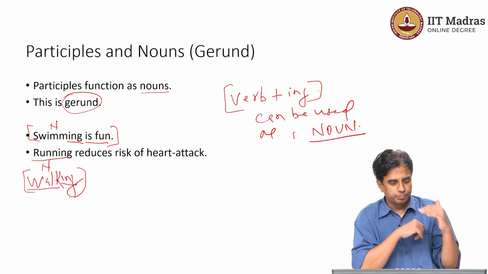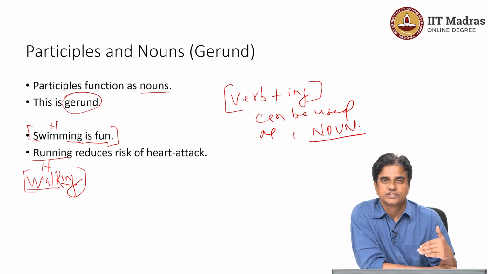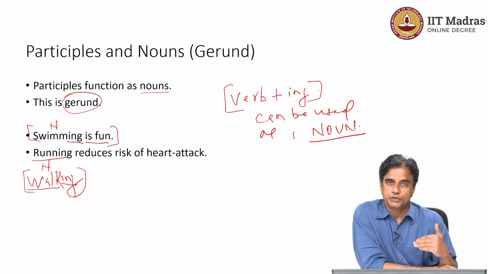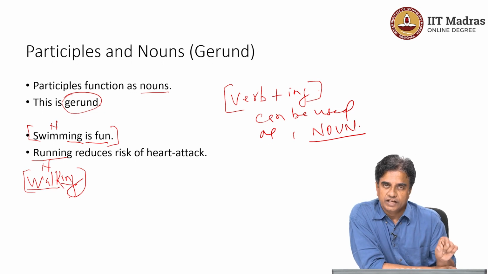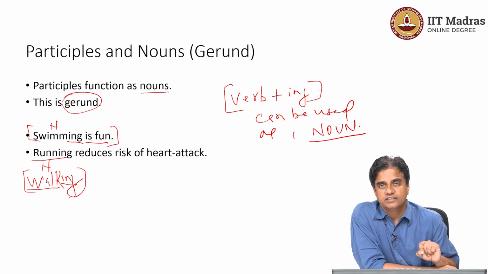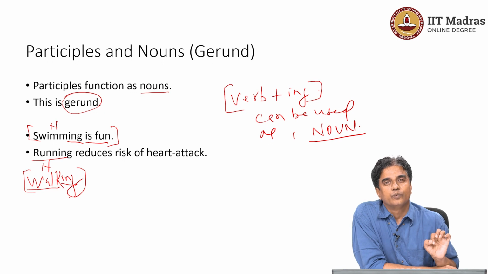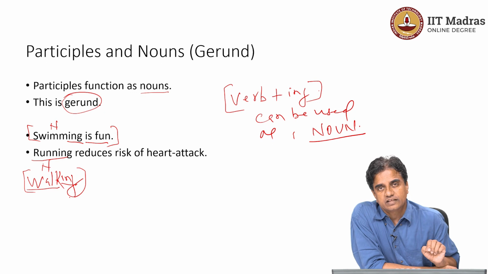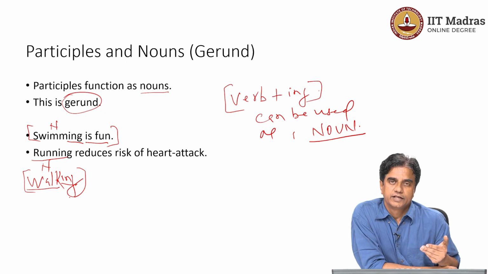So please look at these functions, these structures, these uses of verbs with ing or verbs with ed, which are the third form of the verb, V3, and their functions when you read something, when you write something, and when you speak or hear somebody speak. Careful attention to this will make your language much better and more impressive.